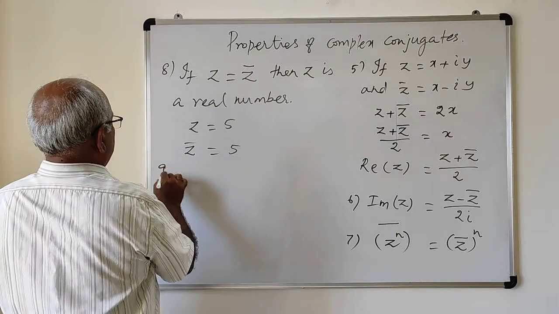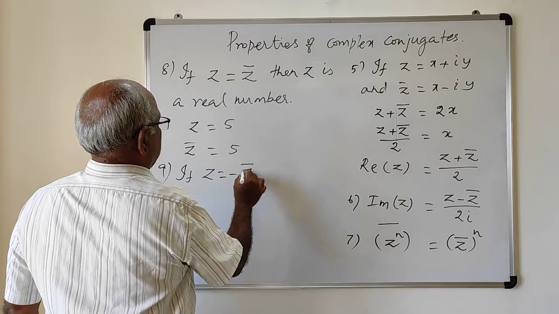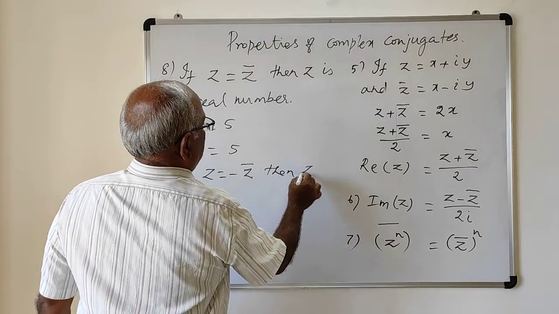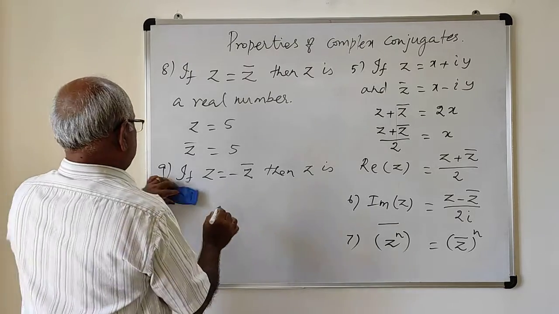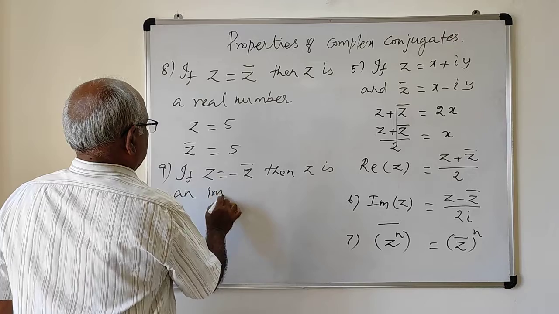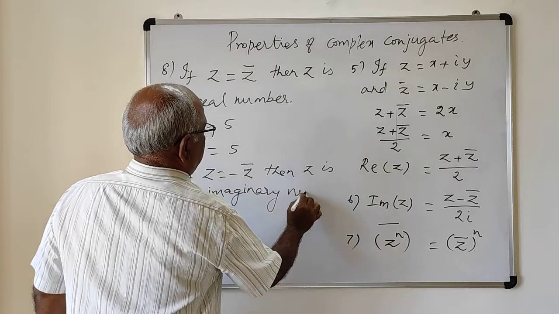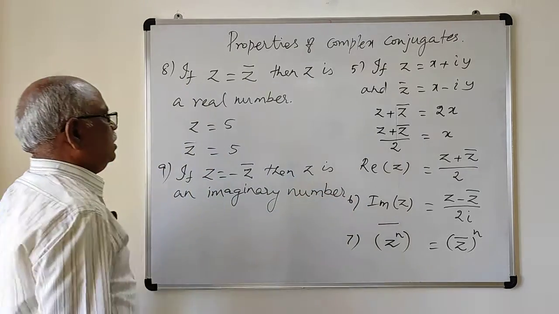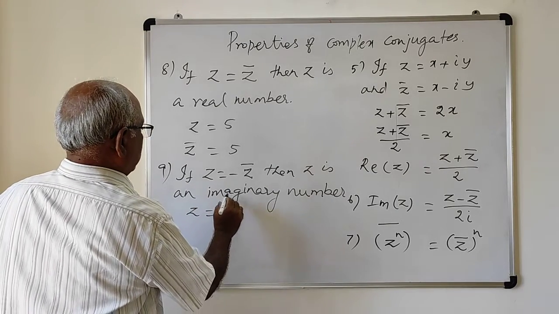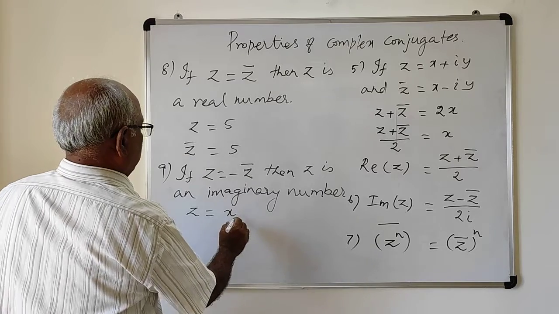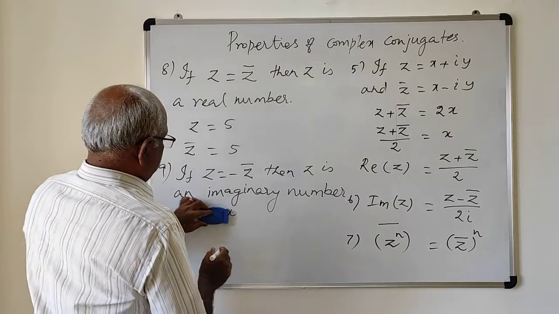This is the eighth one. Ninth one: if Z equals minus Z bar, then Z is a purely imaginary number. This is how we can prove it.